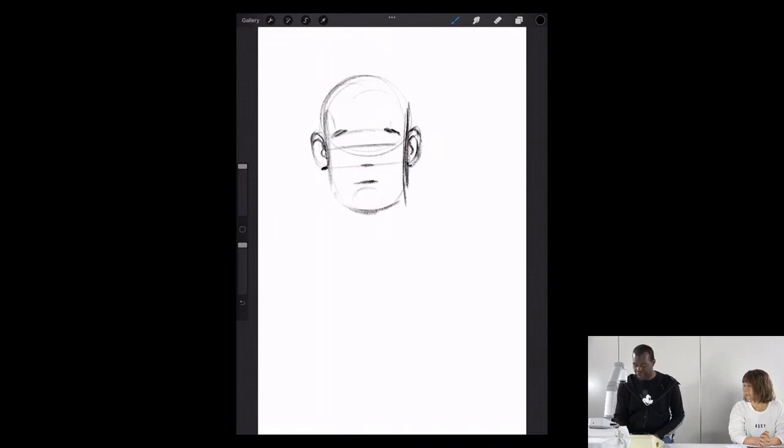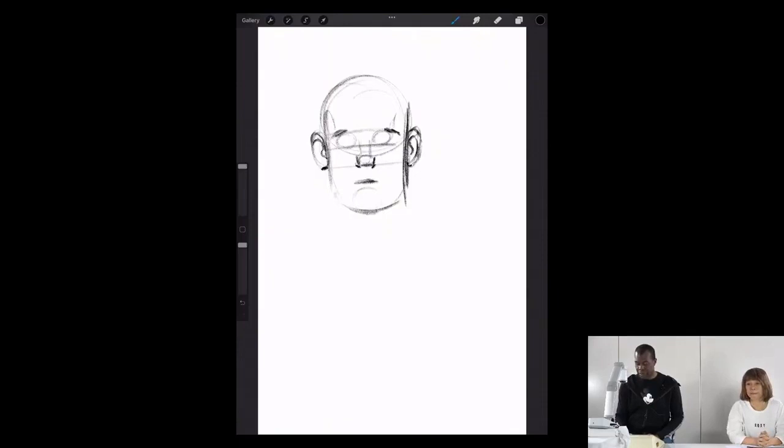So, if you guys ever get confused when you're drawing your characters or whatever, and you want to make sure that the ears are not too low or not too high, pretty much the ears are going to be framing where the eyes are going to be, and where the nose should be. Yeah.